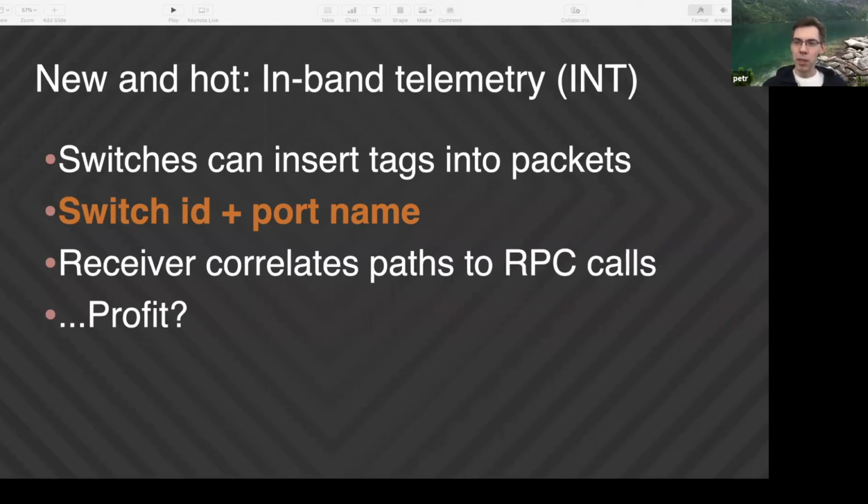And the most useful one seems to be the switch name and port name, for example, because it tells you exactly which paths you have crossed in the network. Then on the receiver side, you can look at these additional payload fields and say, oh, hey, this connection, which is experiencing some problem, crossed these devices. The overhead is low if your networking can do that, and the idea is essentially pretty powerful.